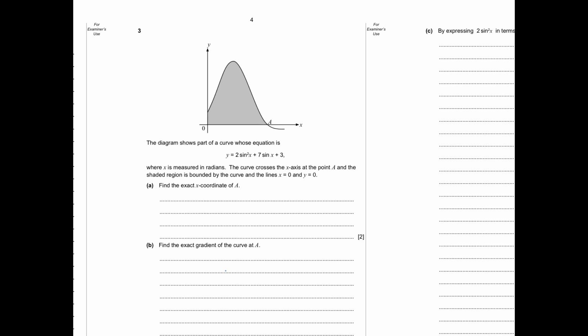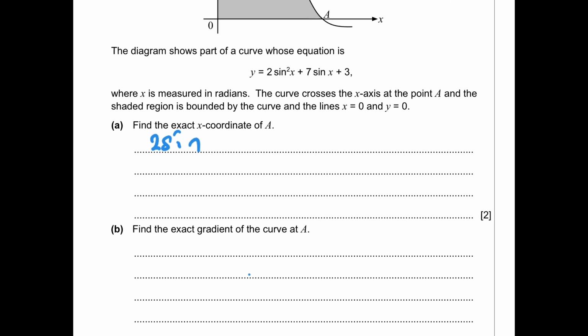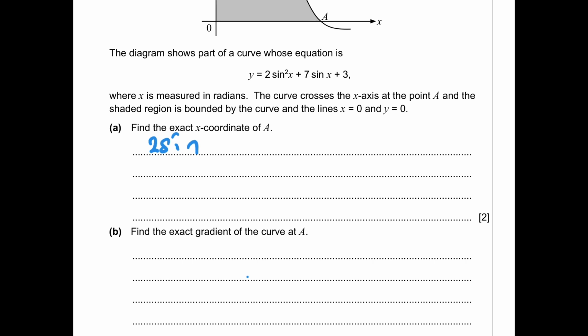We're going to have 2 sine squared x plus 7 sine x plus 3 equals 0. Looking at that equation, we see that it's actually a disguised quadratic equation.